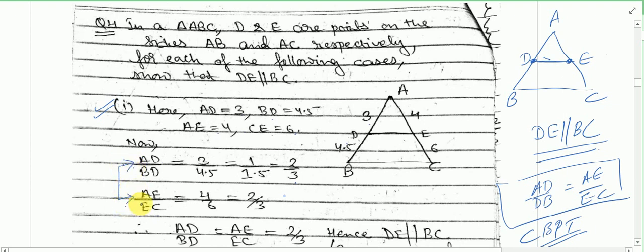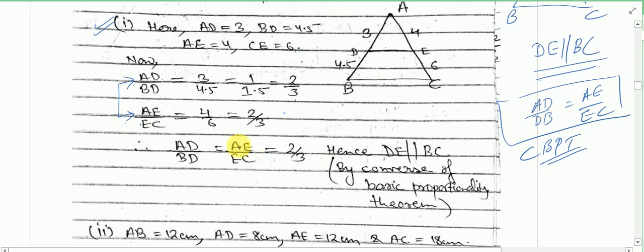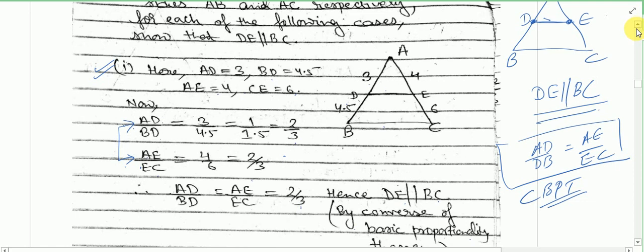If these two are equal, it means that this DE is parallel to BC. So this implies that AD upon BD is equal to AE upon EC equal to 2 by 3. Hence, DE is parallel to BC. This is due to converse of basic proportionality theorem. You will write it down in your maths copy.